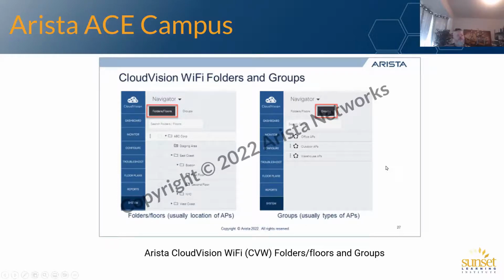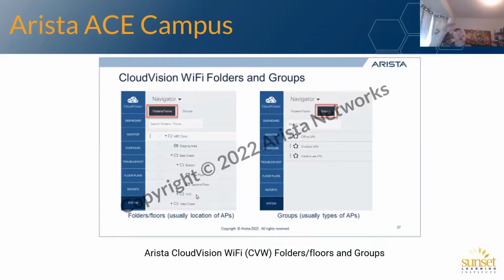All right. So an example of this is, I can't really read it, all right, let's go down here, New York City. And so all my APs that are in New York City, I want them to have certain settings because of their location. But then inside of New York City, I'll have different types of APs.